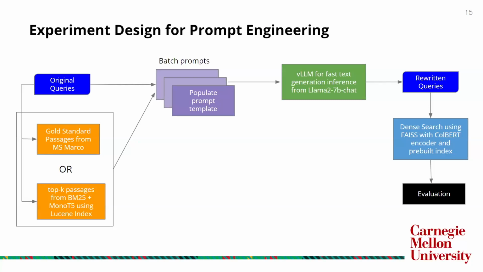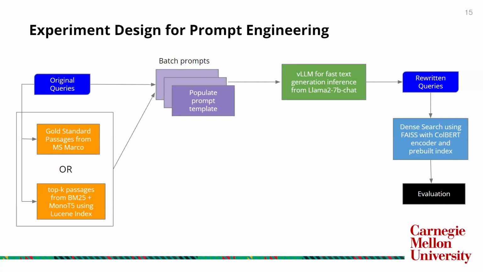And here K varies between 1, 2, and 5, as mentioned earlier. So once we have all of this information, we also have a bunch of prompt templates, which we generated using the prompts shown earlier. And then we basically populate these prompts and we batch them and send them to our Llama 2 7 billion model for the generation of the rewritten queries.